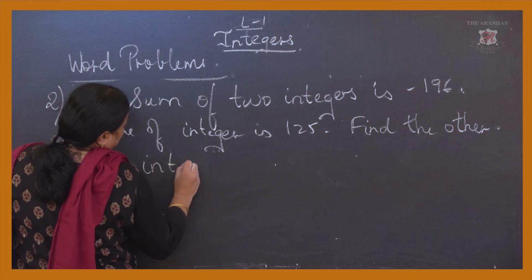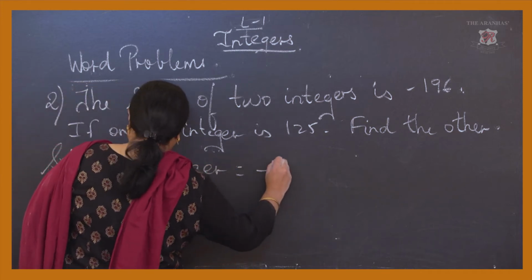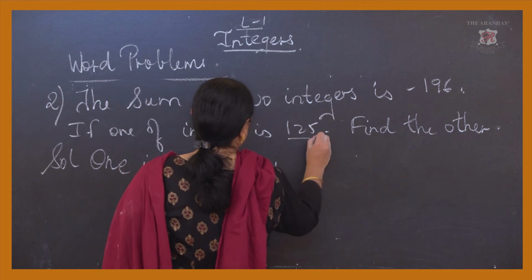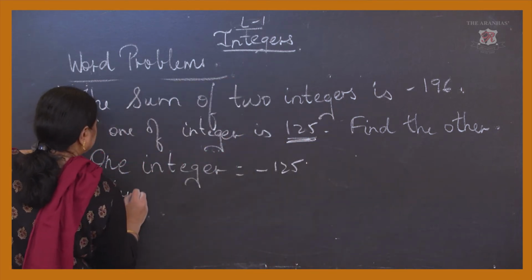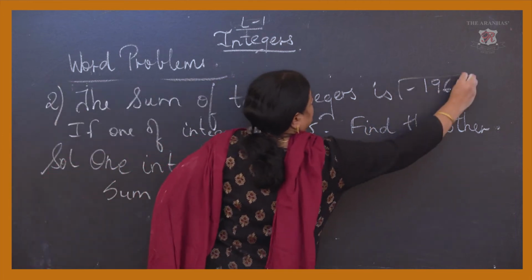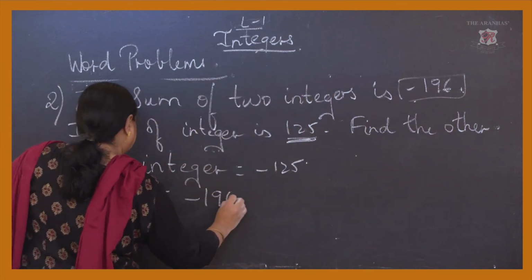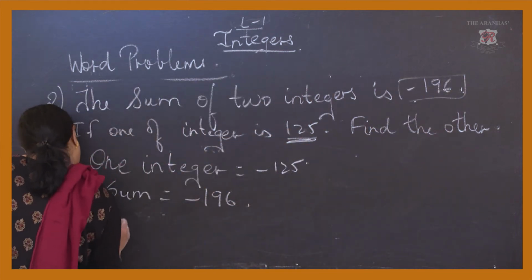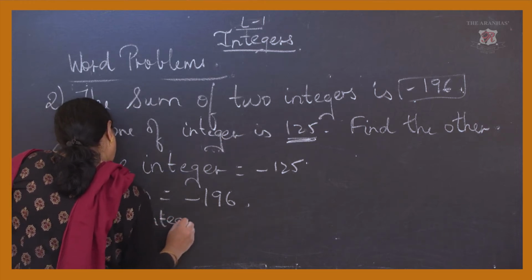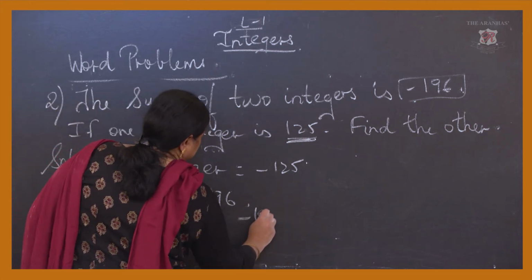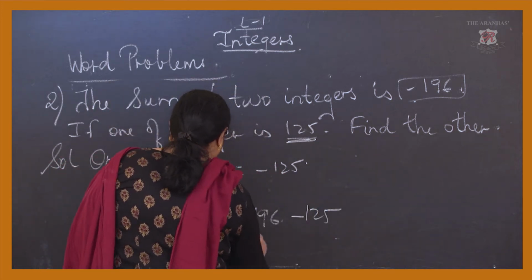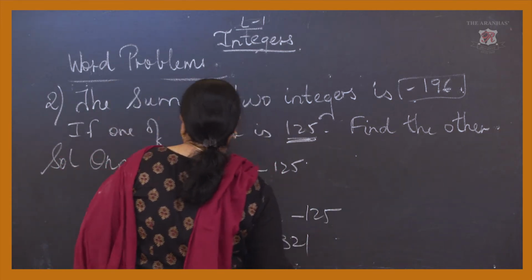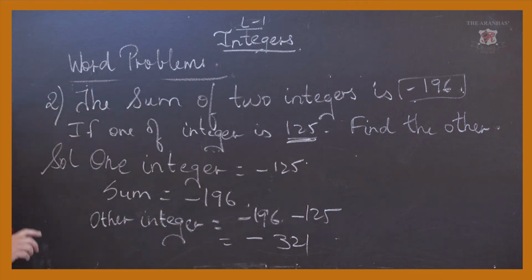Your one integer you have been already given is equal to minus 125. Your sum you have been given is minus 196. So your other integer is equal to minus 196 minus of minus 125.